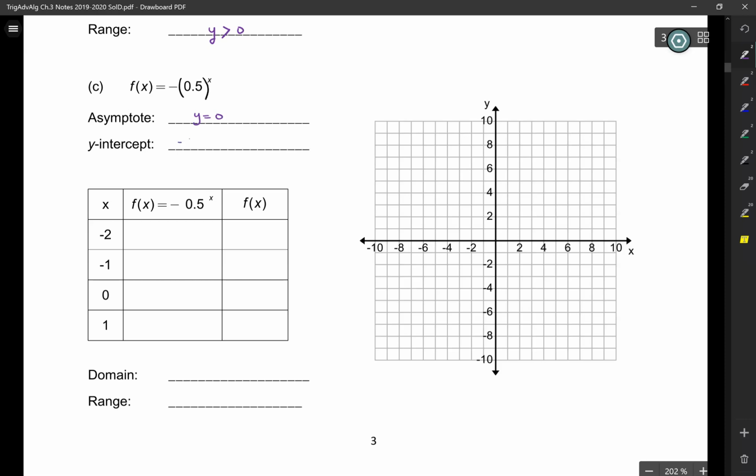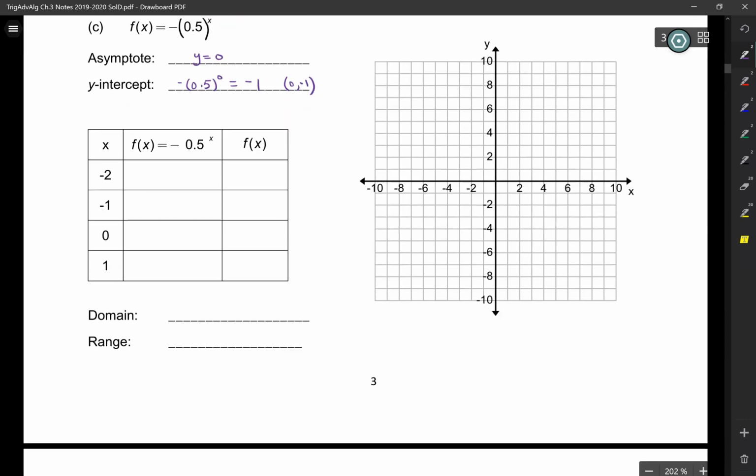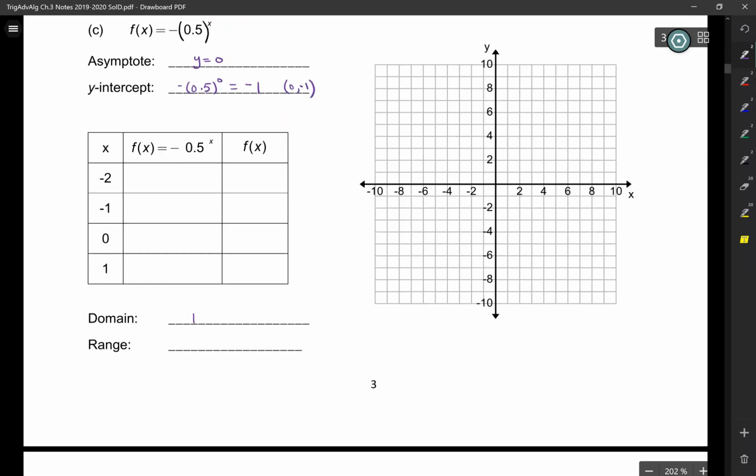Y-intercept: -0.5 to the 0, -1. Before I do the table, I want to do domain and range. What's domain? Range. Y less than 0 because of that negative. Okay? Cool.